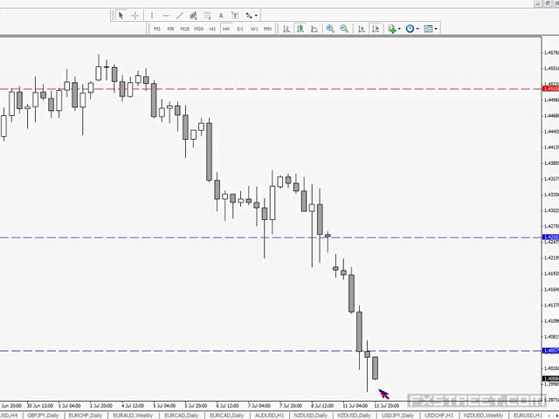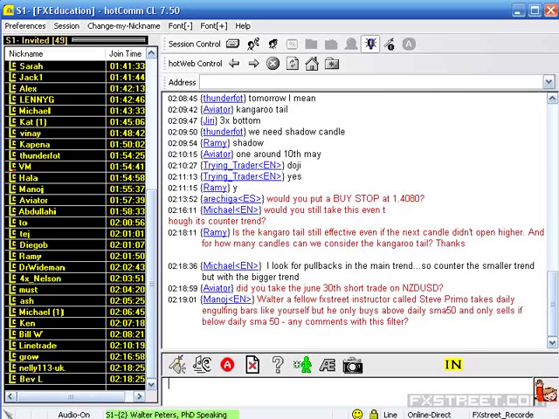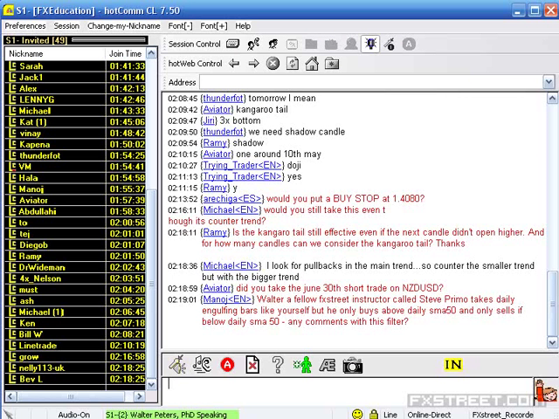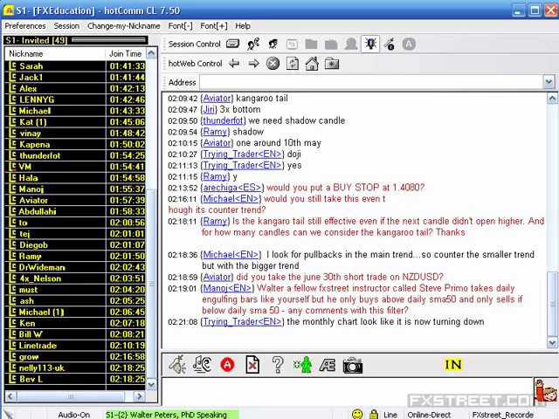Did you take the June 30th short trade on the Kiwi? Asked Aviator. Okay, let's take a look. I don't think I did, but let's take a look at our chart here. This is the weekly. Let's look at the daily.